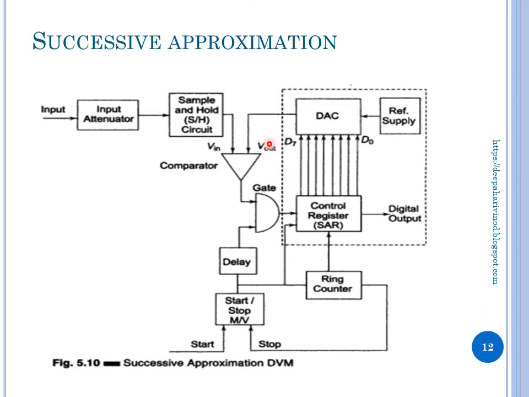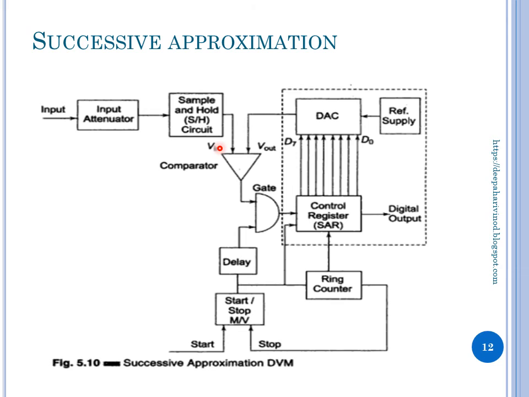The converter output is compared to the unknown input by the comparator. So this is the unknown input. Now the converter output, that is the digital to analog converter output, is compared with the unknown input.